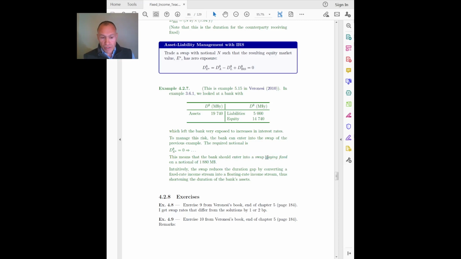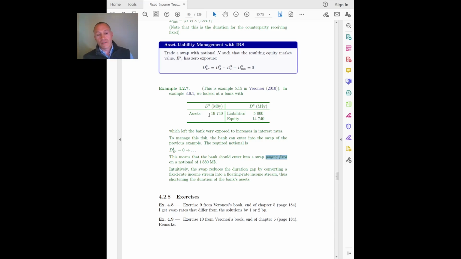Because if we are entering the swap as paying fixed, what we are basically doing is we are taking the income that comes from the assets. We are paying that income in the swap, and in return we are receiving floating. So basically what the swap is doing is making the assets look more like a floating rate bond, right? And the floating rate bond has a lower duration.